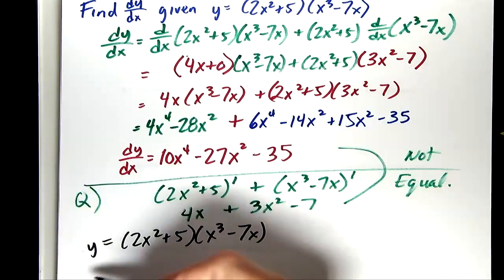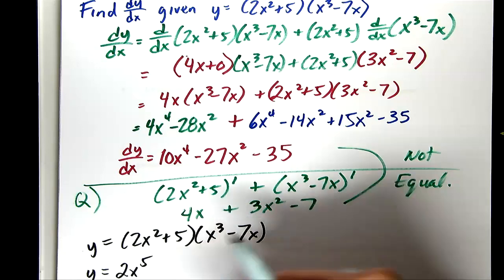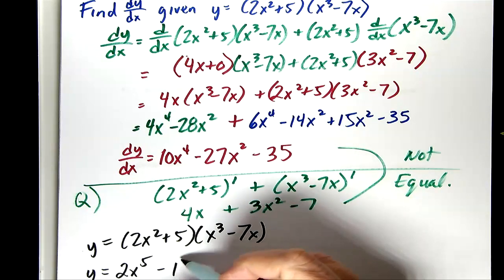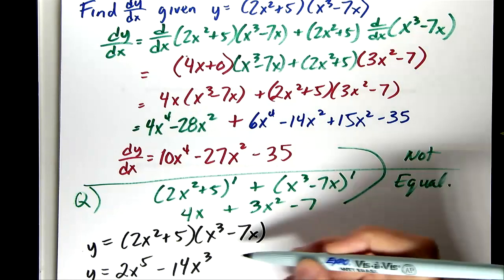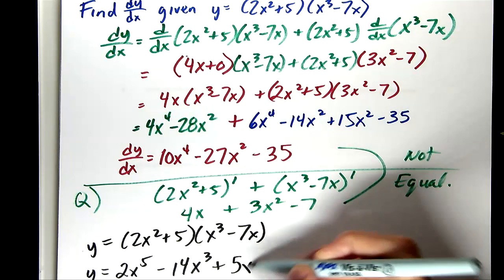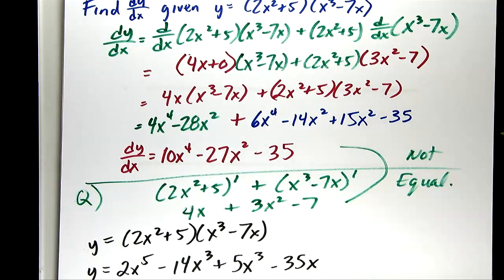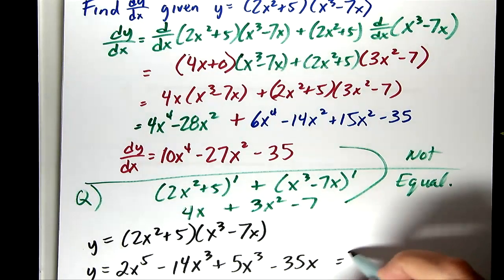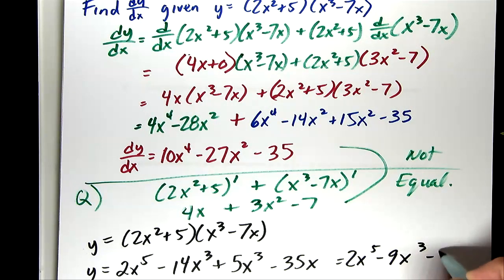Just multiply it out. I've got 2x to the 5th power minus 14x cubed plus 5x cubed minus 35x. So that's 2x to the 5th power minus 9x cubed minus 35x.